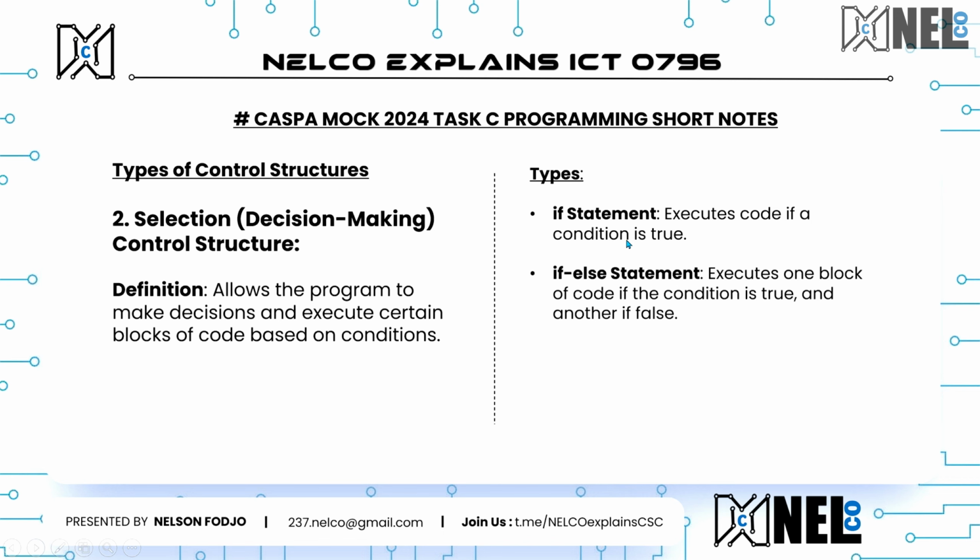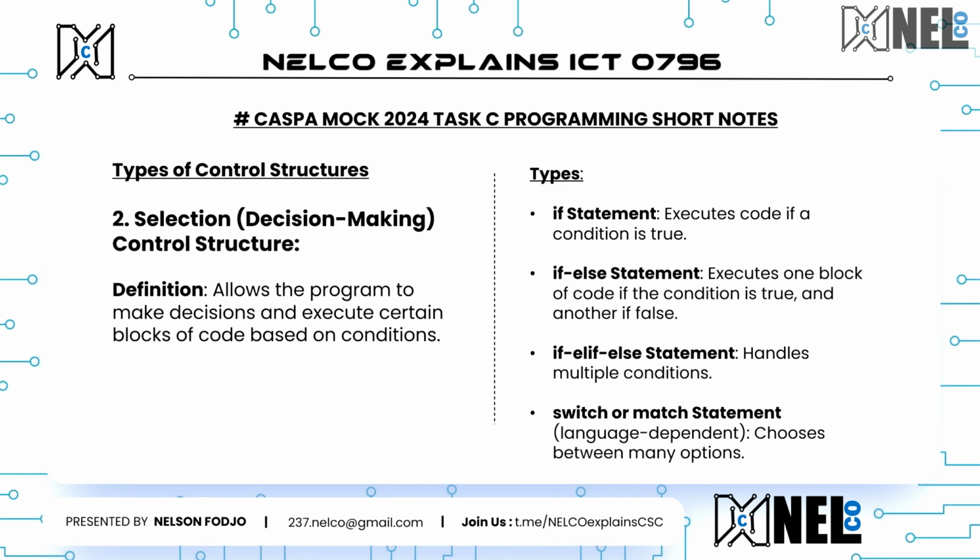Next is the if else statement, which executes one block of code if the condition is true and another if it is false. Next, we have the if elif else statement, which handles multiple conditions. Like we have an if statement, we have an elif, which means else if, and the final condition if all the other ifs are not met is the else.